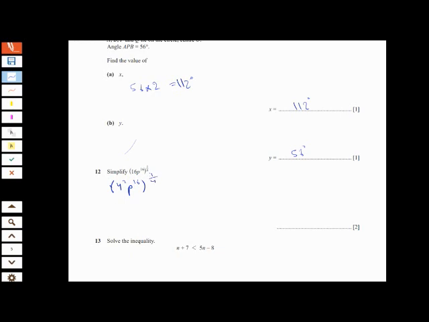And now expand, multiply 1 over 4 by 2, indices alone. This is how to expand indices. You'll get 4 to the power of half, and p to the power of 4. And that would be your answer. You cannot simplify any further.